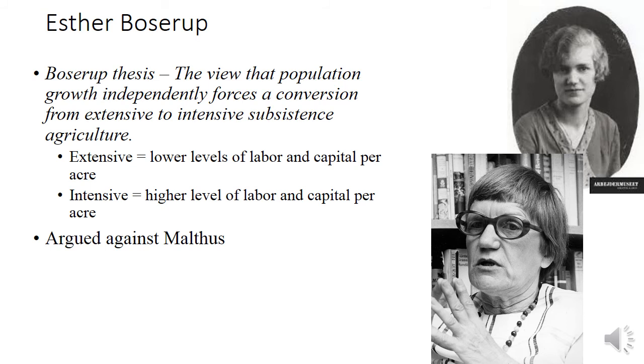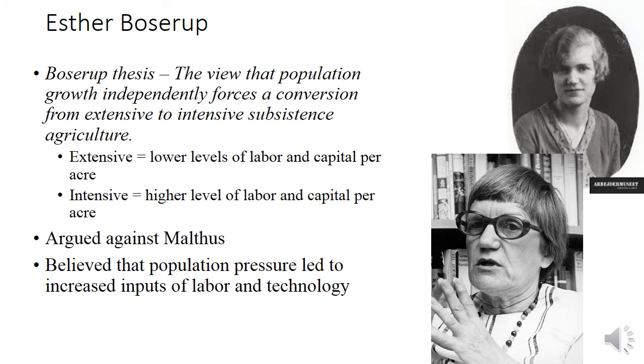That's Esther's idea in the Boserup hypothesis: as populations grow in an area, there will be a natural shift from extensive to intensive agriculture, because people will need to do new things. They'll need to innovate and use more labor and technology in order to get the same or more yields from the land they were using.